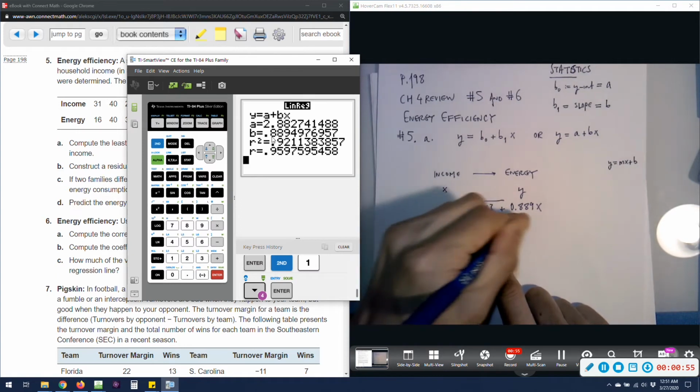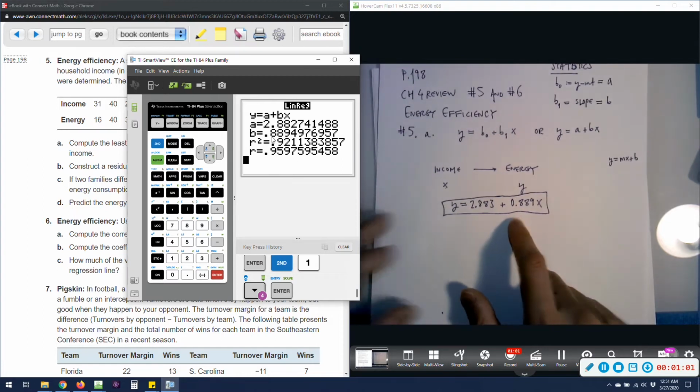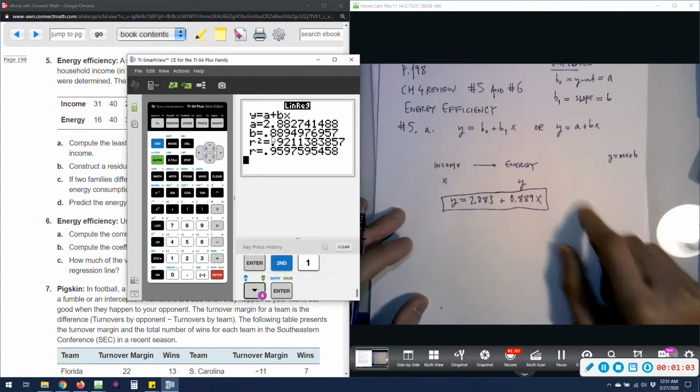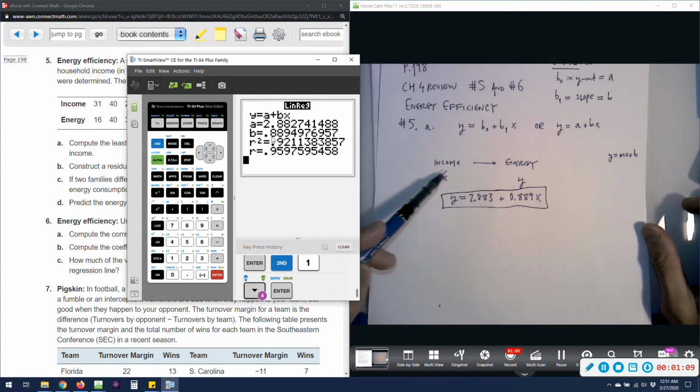I just said a bunch of stuff here, but at the end of the day, you're just computing this y equals a plus bx. The one thing that you have to think about is, what are we doing? Predicting energy from income, or the other way around, predicting income from energy?